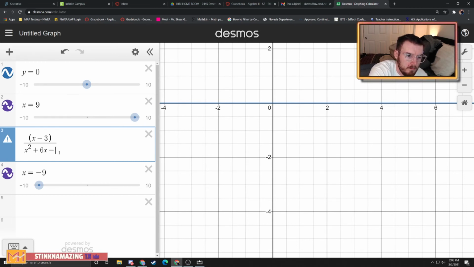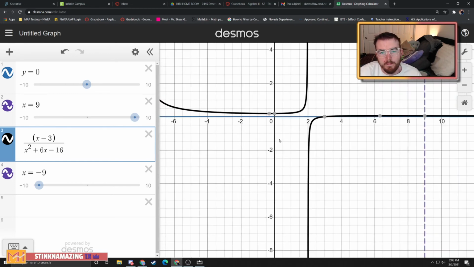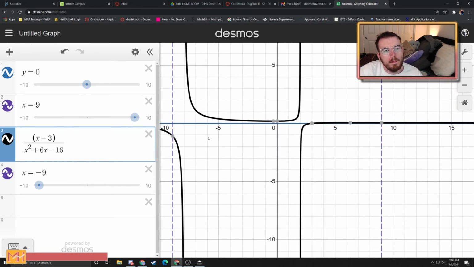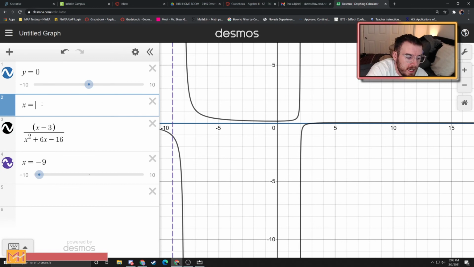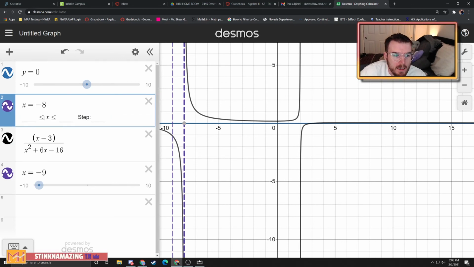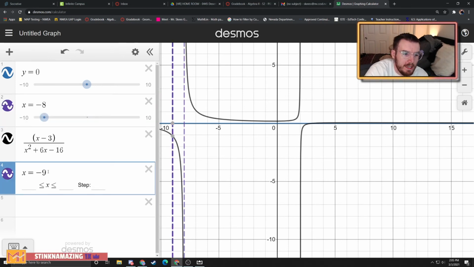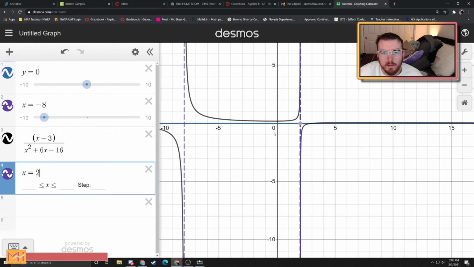Is that what I want? Yeah. So x squared plus 6x minus 16 factors into x plus 8, x minus 2, which is why there's an asymptote at negative 8 and why there's an asymptote at 2.